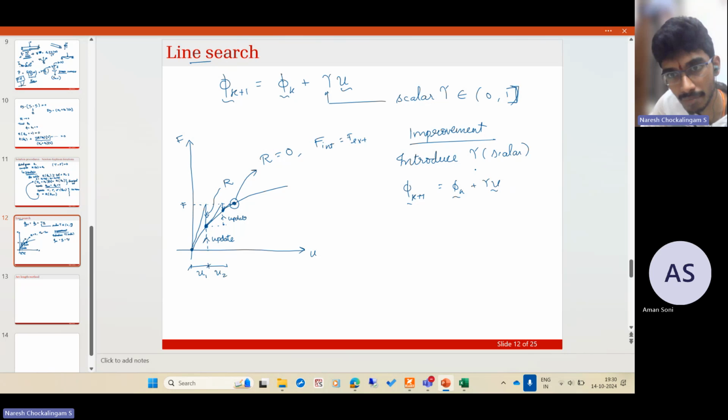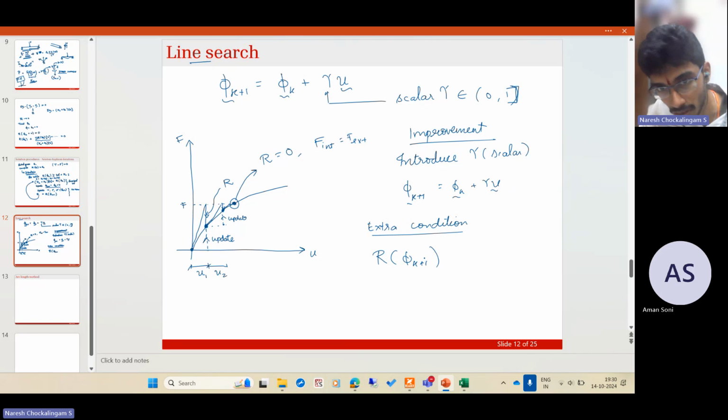And if we have a scalar which is an unknown, we need an extra equation. That extra condition comes from r of phi k plus 1 is orthogonal to u. So u is the direction in which you are going. U here is a scalar, but in higher dimension problems, it is a vector. So this is the condition that is used.